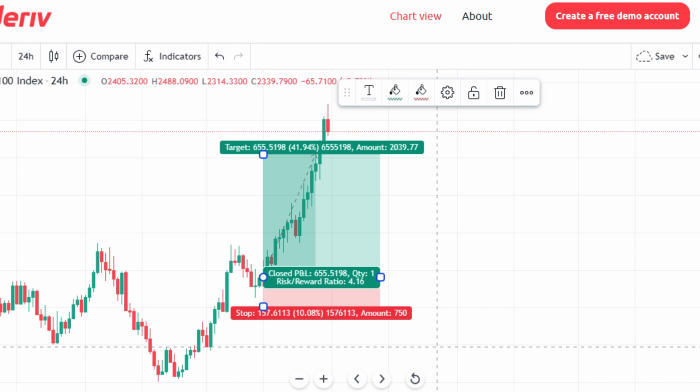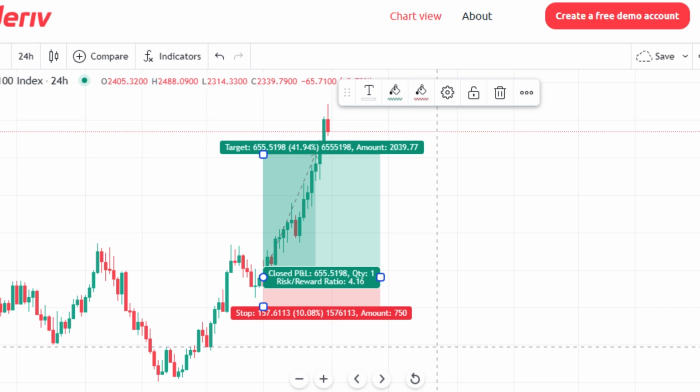Now, when we want to calculate our pip movement on Derive, looking at targets, we're going to use the target for our take profit section here, looking at 655.5198. If the point value of the pair you are currently trading does not have a decimal point, you have no business adding the decimal point when you want to calculate your pips.